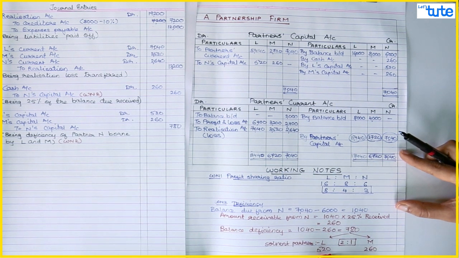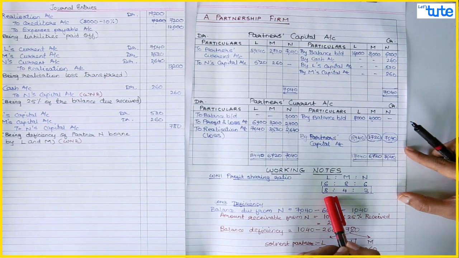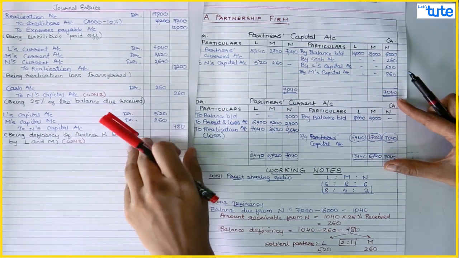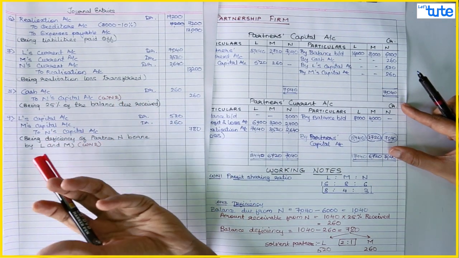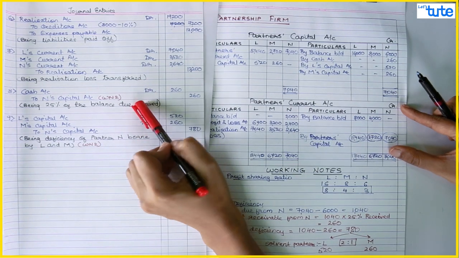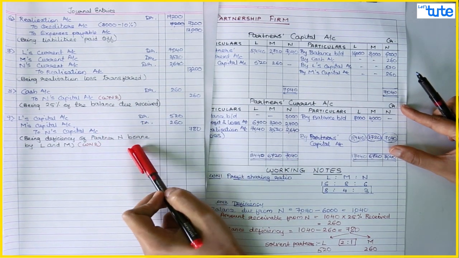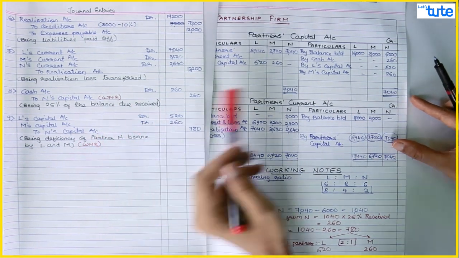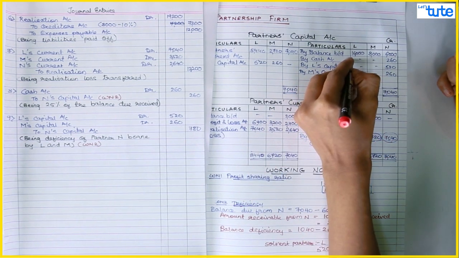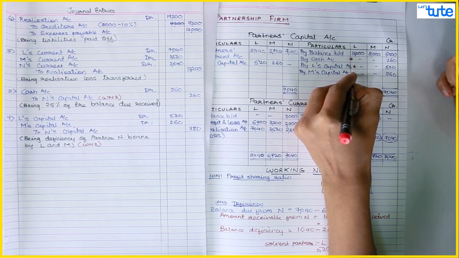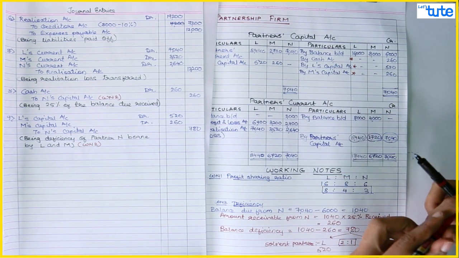So solvent partners are bearing the deficiency in the fixed capital ratio, that is their ratio of 2:1. Then we pass the entry for cash brought by the insolvent partner, the full and final dividend which is received, and the balance deficiency which is shared between the solvent partners, and we did the posting over here. So these 3 entries are quite important when a partner is declared insolvent.